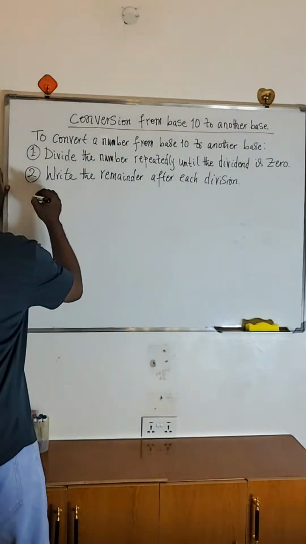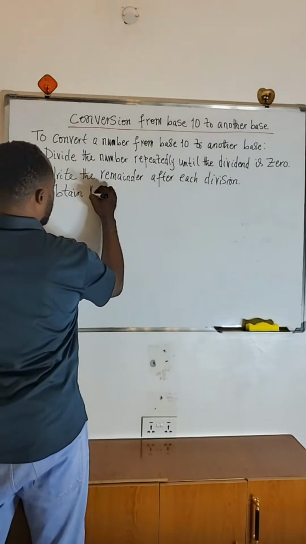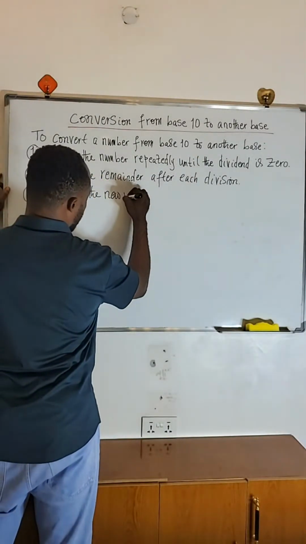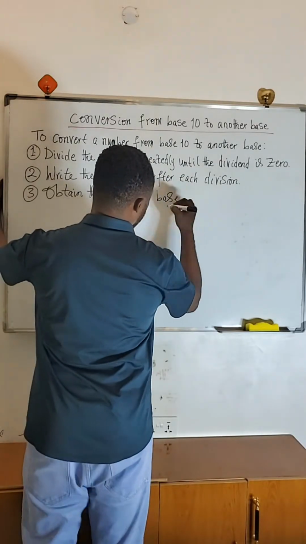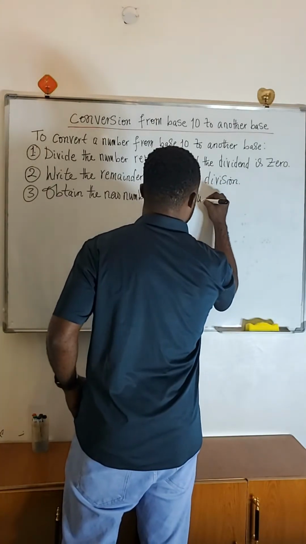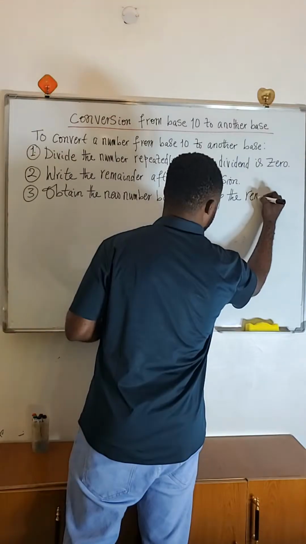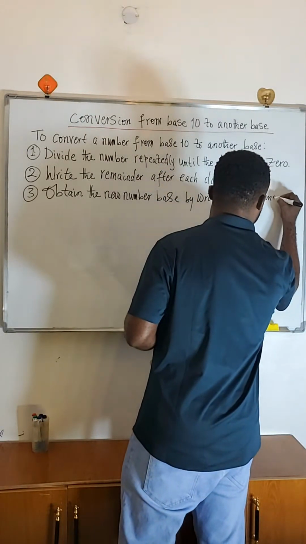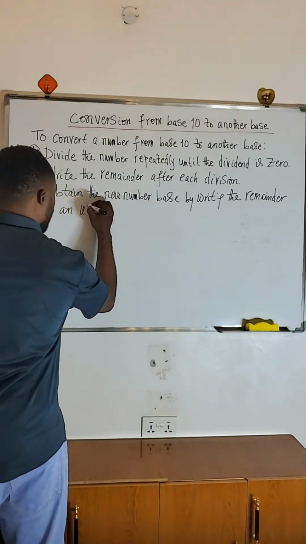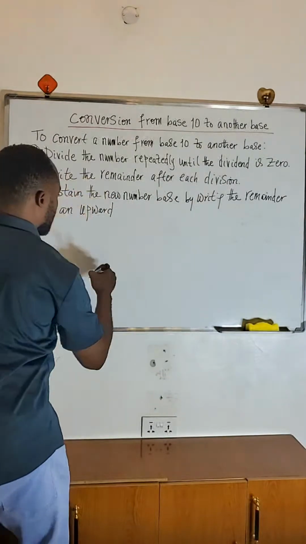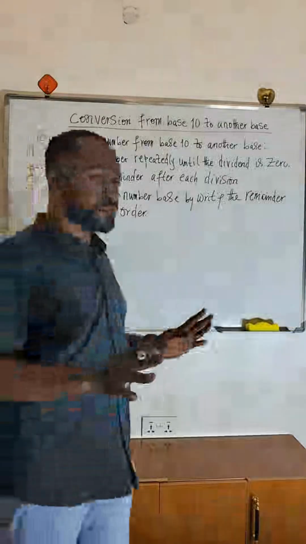So, number three, obtain the new number base by writing the remainder in an upward order. Okay. So that is it.